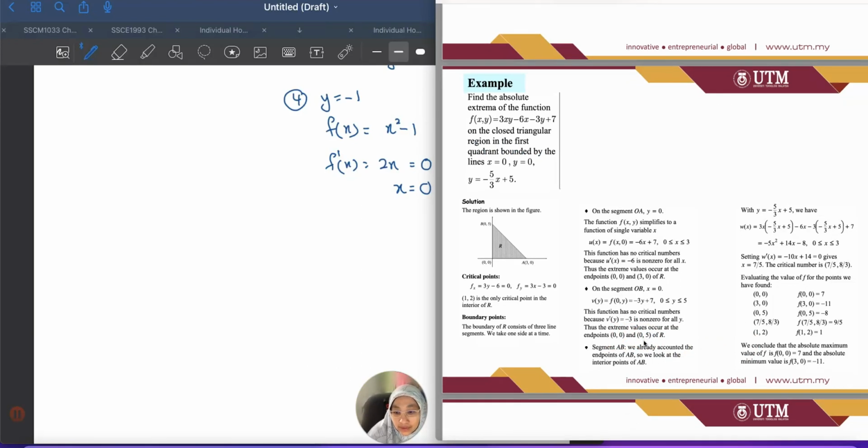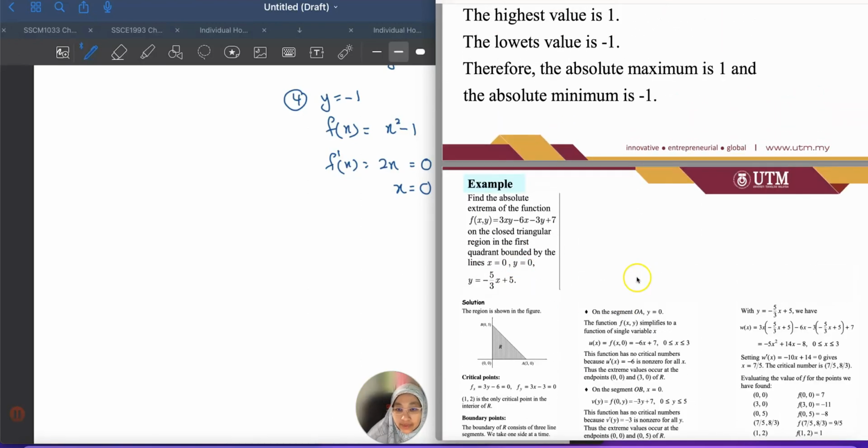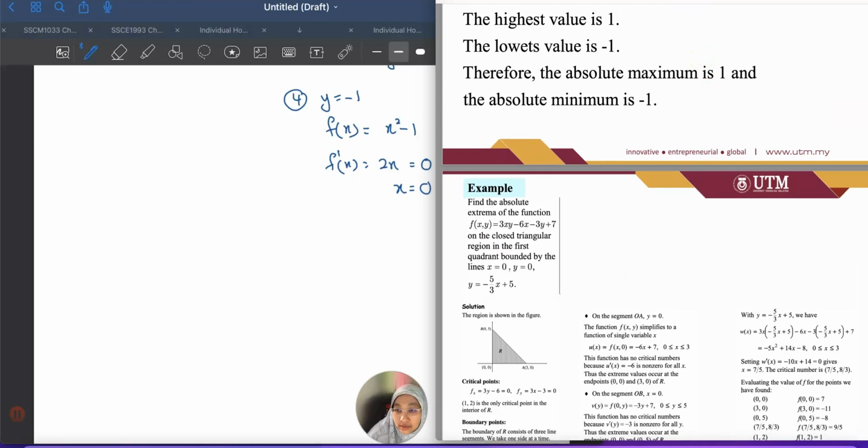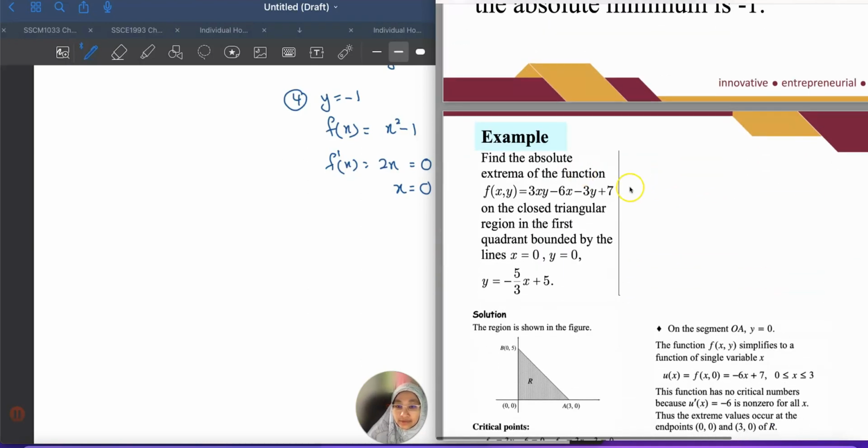Okay, so we look at another example here. Find the absolute extrema of the function on the closed triangular region in the first quadrant bounded by the lines given.